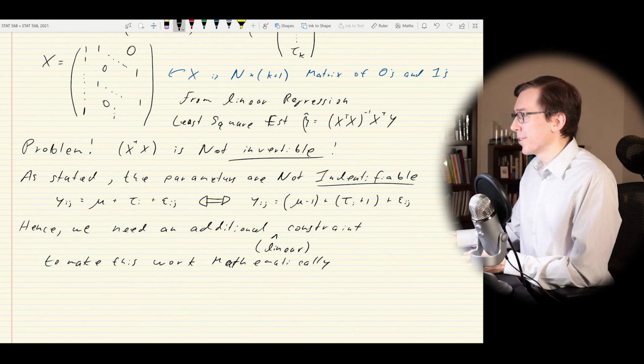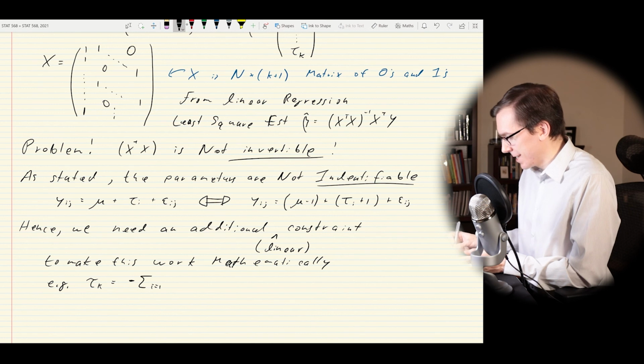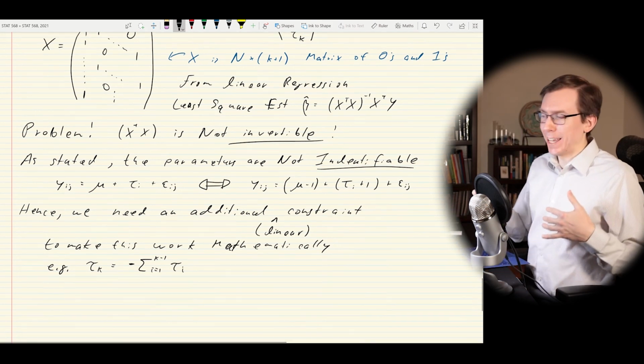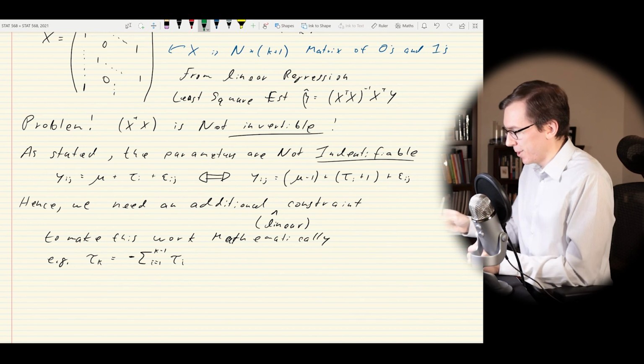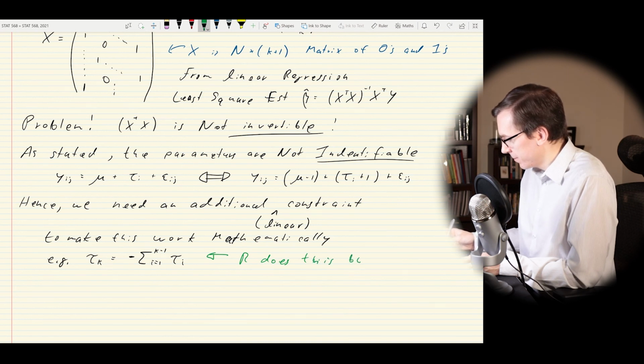One of the standard ones that you would do, for example, is to set the kth treatment effect to be the negative of the sum of the tau_i for i from 1 to k minus 1. Okay, so that might seem a little strange at first, but this is what R does by default.